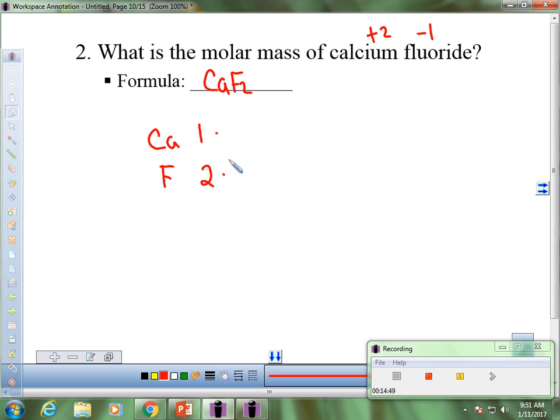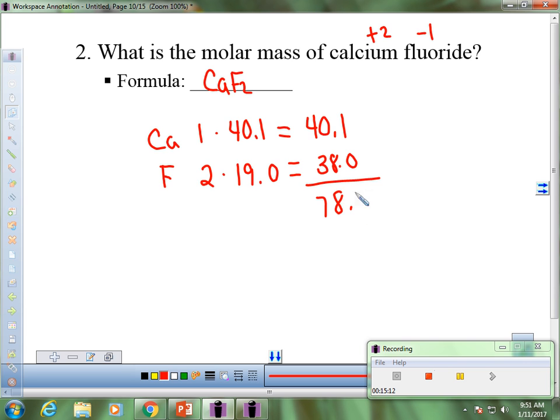And if we look at calcium, it rounds to 40.1. So 1 times 40.1 is 40.1. And fluorine actually rounds to 19.0. 2 times 19 is 38.0. And now we're simply going to add those together. We get 78.1.